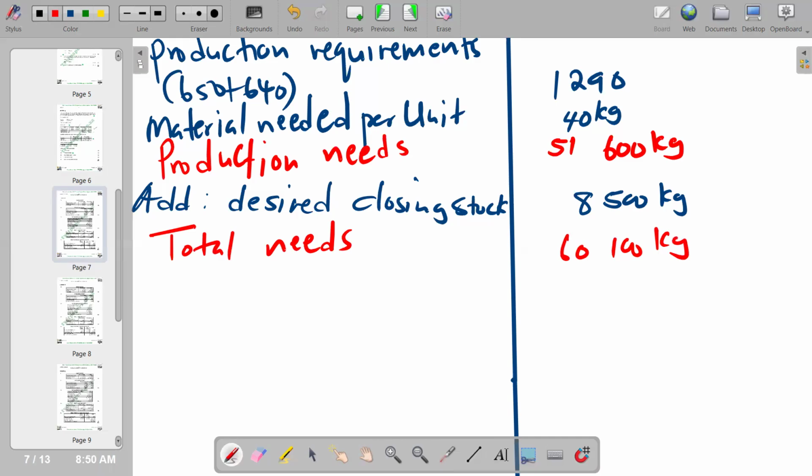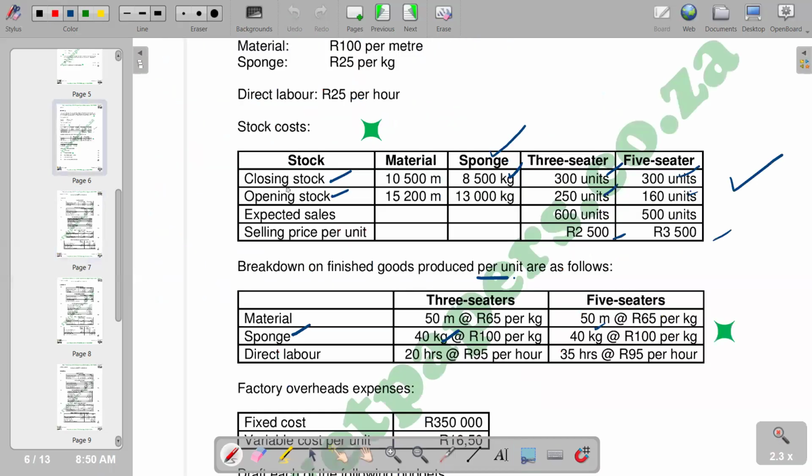After getting your total needs, you less your opening stock. For opening stock, we have 13,000 kgs for sponge.